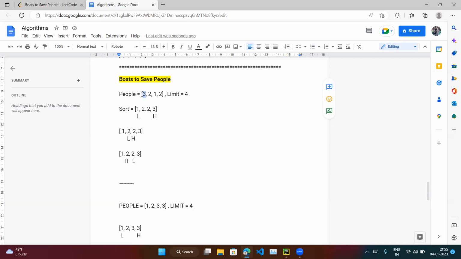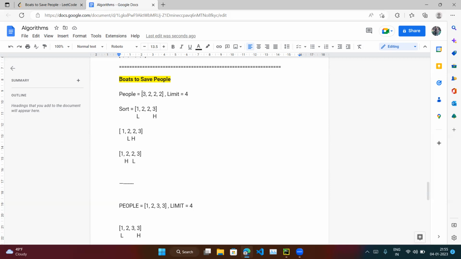If this person can adjust with the minimum person, who is the minimum weight? Minimum weight is 1. If this person can adjust with that person, then these two will go. But if this person cannot adjust, let's put 2 here, so the minimum is 2 and the maximum is 3. 3 plus 2 is equal to 5, but the boat can carry 4.